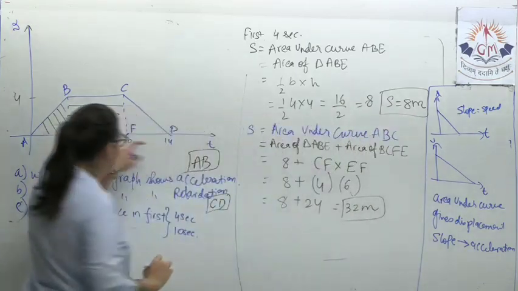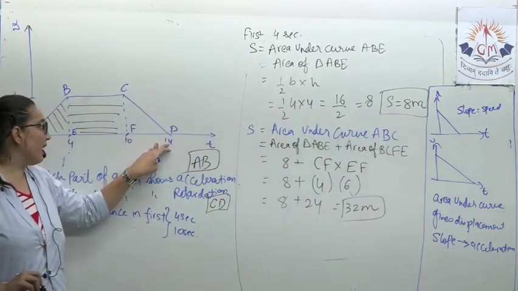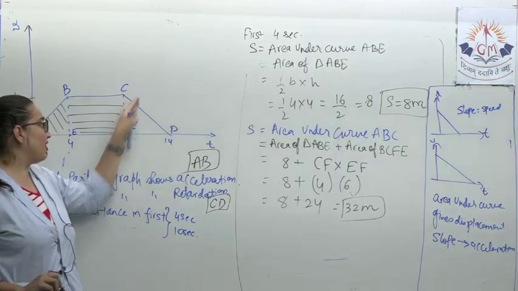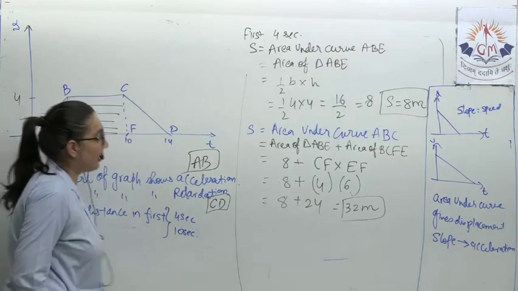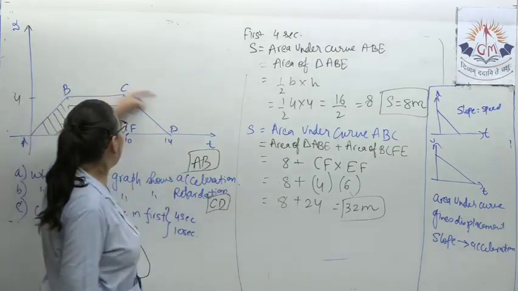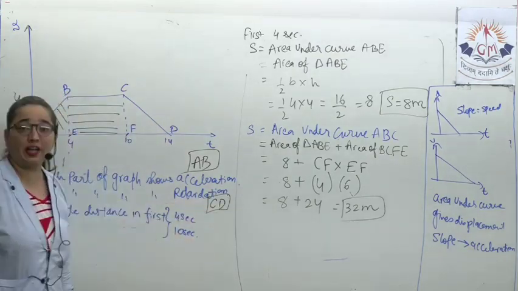Similarly, they can ask for the whole journey, the first 14 seconds. In that case, you have to add even the area of this last triangle. It will remain the same as over here, that is 32 plus 8. So the area under the whole curve will be 40 meter.